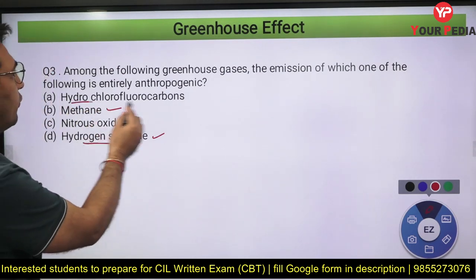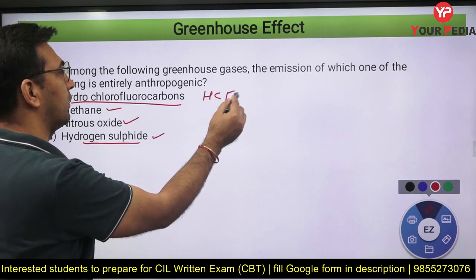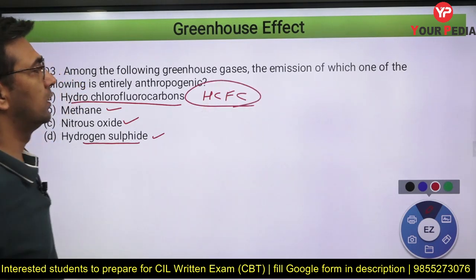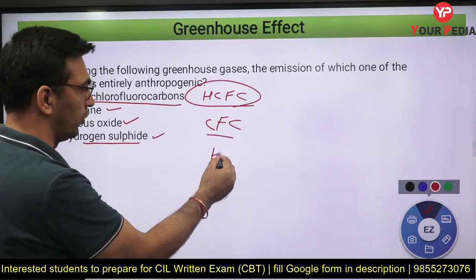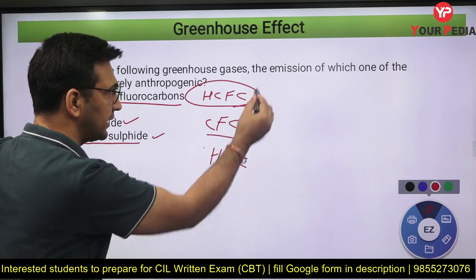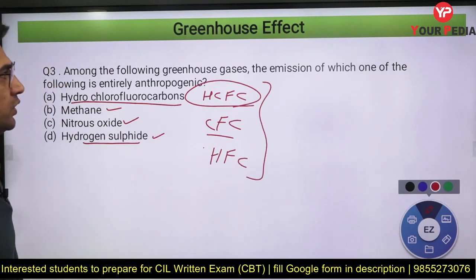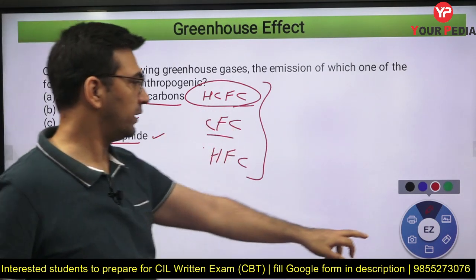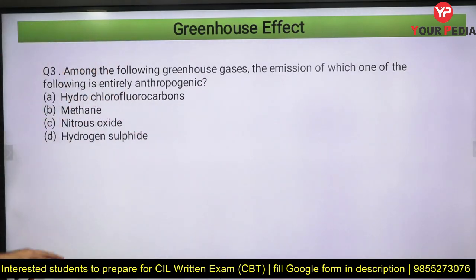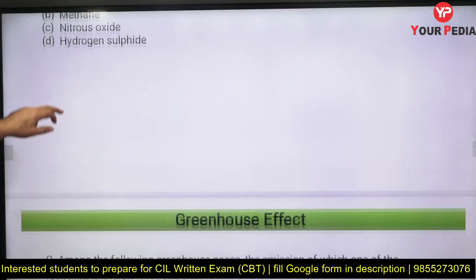So hydrochlorofluorocarbons, chlorofluorocarbons or hydrofluorocarbons: all these are basically refrigerants used in ACs, refrigerators, those devices. So they are all man-made compounds. So this is entirely anthropogenic.